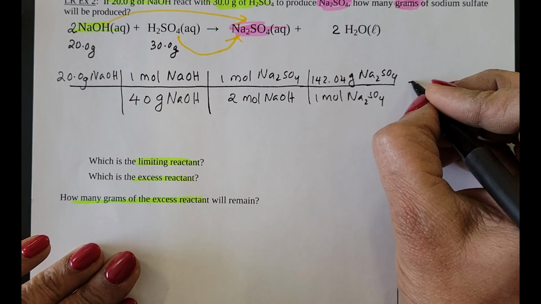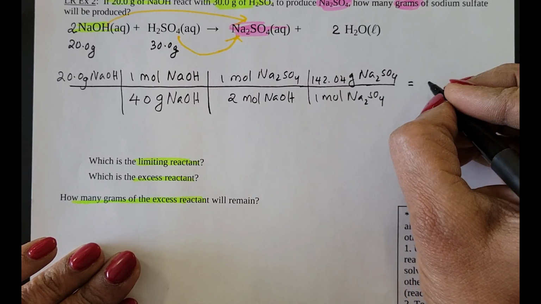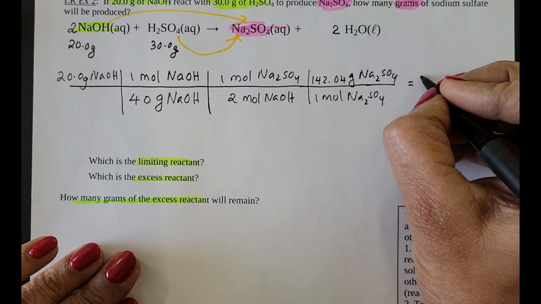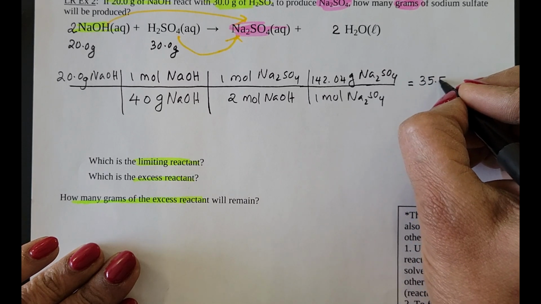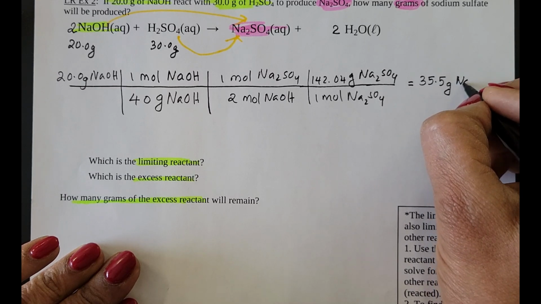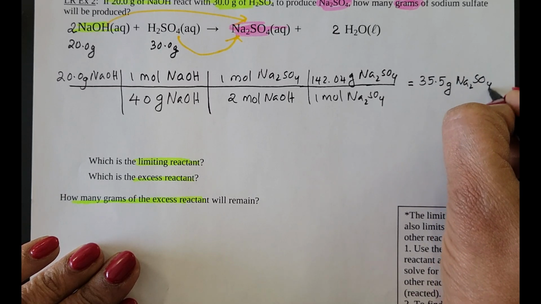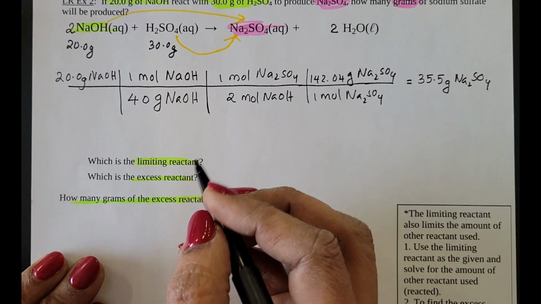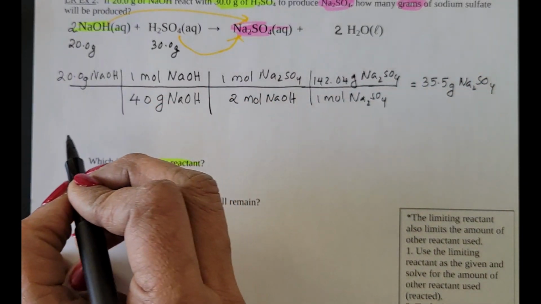Okay, so when you multiply and divide, you will get 35.5 gram of sodium sulfate.